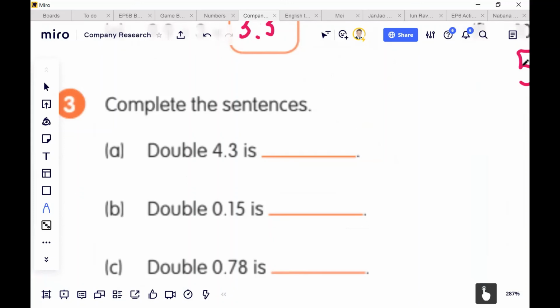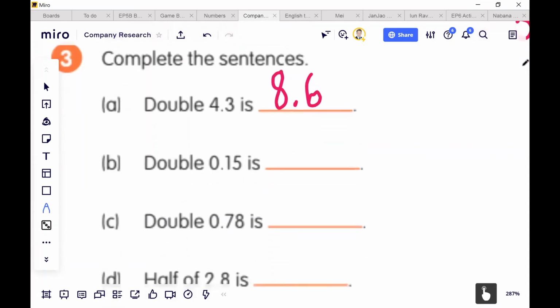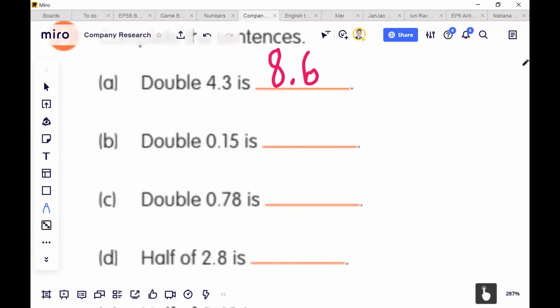Okay, double 4.3 is what? What's double 4.3? Who's got it? 8.6. All right. And then double 0.15 is what? 0.30, I do believe, right?